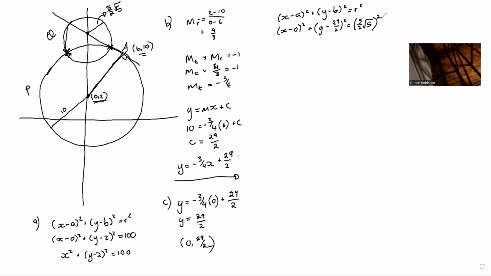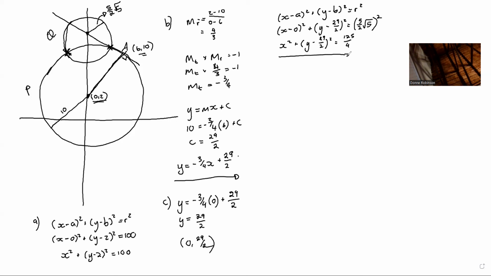We can then just simplify this and we can get x squared plus (y minus 29 over 2) squared is equal to 125 over 4. There we go. And that would be the equation of my circle Q.